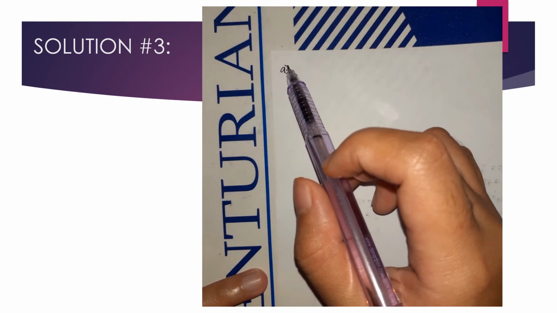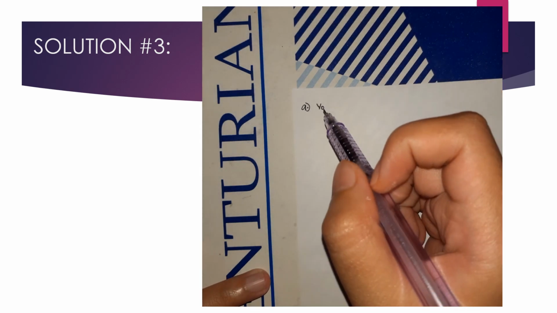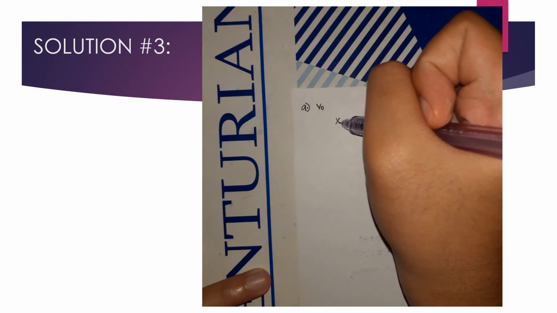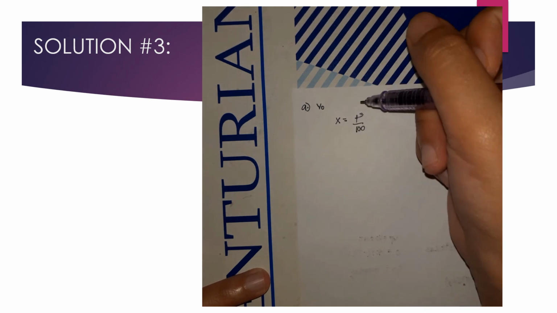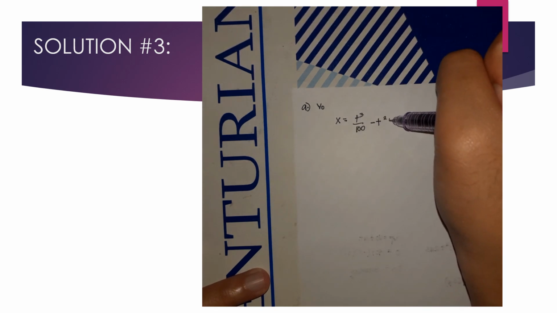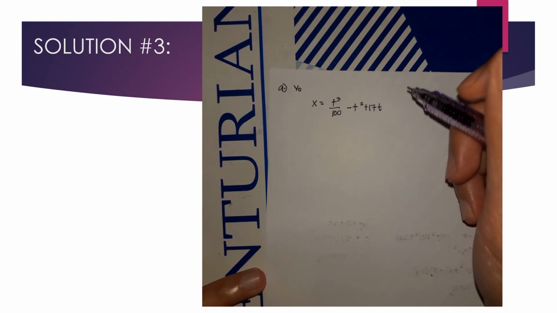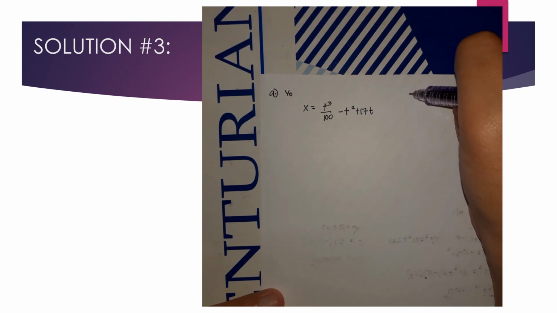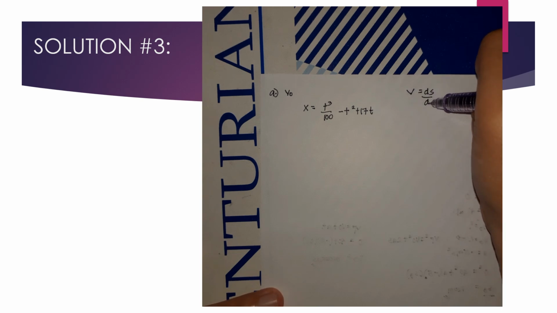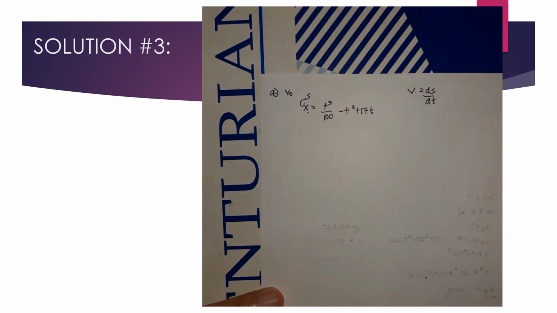Okay, so for our problem number 3, letter A, it asks for what is the value of our v initial. Based on the problem, we have a given equation of x equals t cubed over 100 minus t squared plus 17t. So going back to our formulas in variable acceleration, we can solve this by v is equals to ds over dt. Our s is our distance here, which is x.